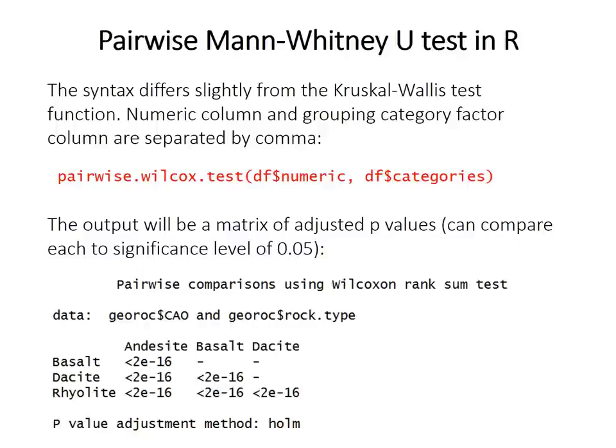So each entry in the triangular matrix of numbers here gives the p-value for the comparison between the sample listed in the row label and the sample listed in the column label. It specifies the p-value adjustment method at the bottom, which in this case is the Holm method I described before. You can choose different ones, but the Holm one is often a preferred one, and so you should just stick with that, which is the default version.